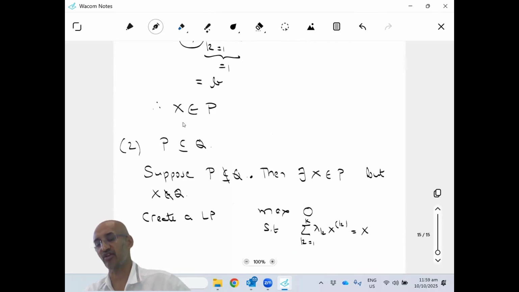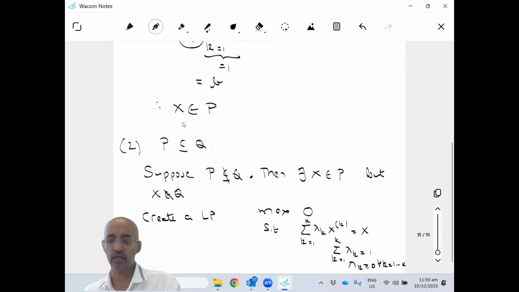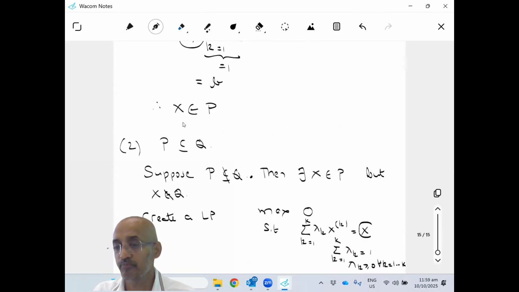So I'm going to try to write X as a convex combination of all these points. Just give me a couple of minutes, we'll end with the proof. So what is this LP? Here I'm given X. I'm trying to write X as a convex combination of all the Xk points. So Xk is given to me. I'm going to try to find lambdas so that X can be written as a convex combination of these points.